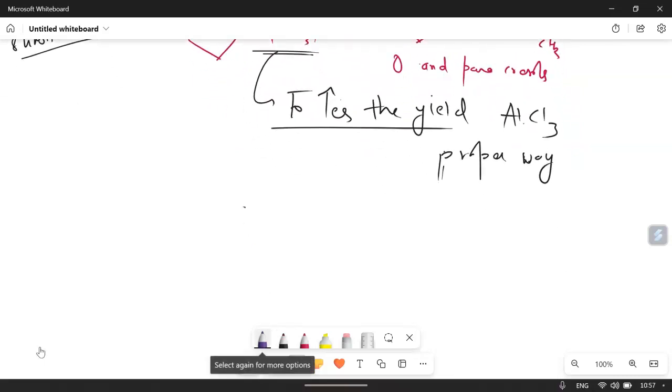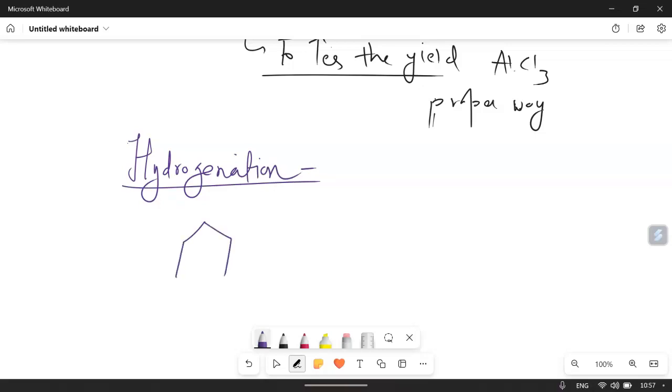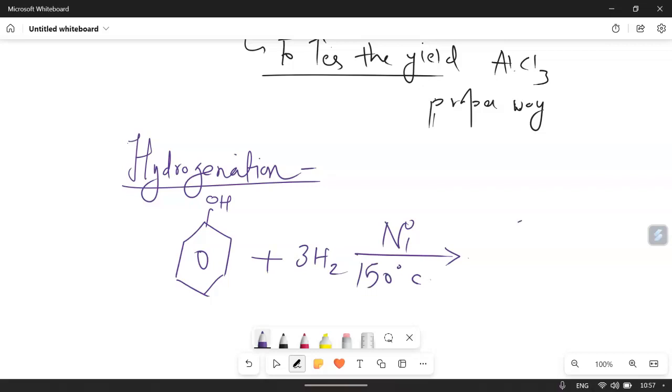The next reaction which we are going to discuss is hydrogenation. In this reaction, phenol, again because we are studying the chemical reactions of phenol, is treated with 3 moles of hydrogen in the presence of a catalyst like nickel, H2/Ni, at 150 degrees Celsius, the temperature required for this reaction.